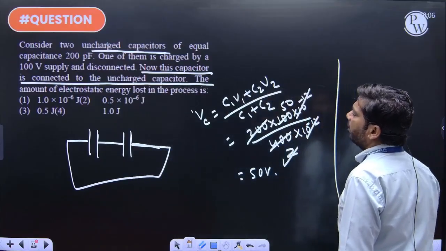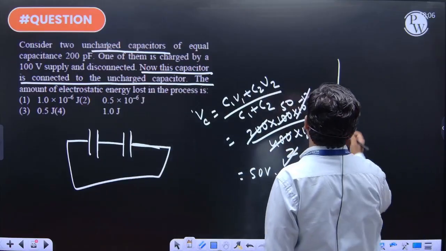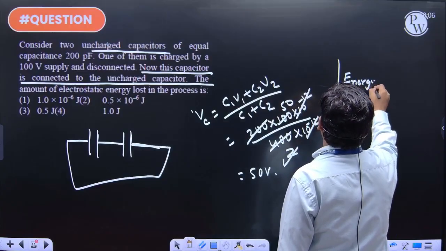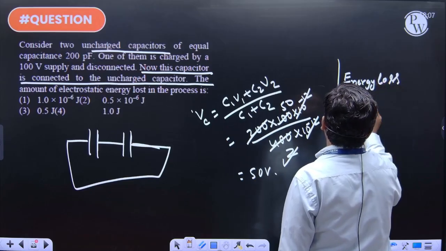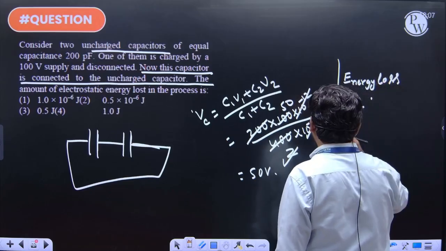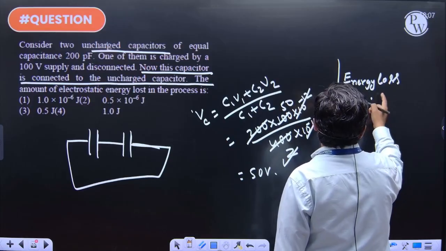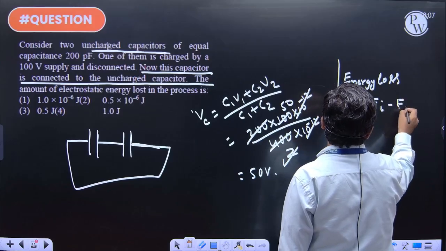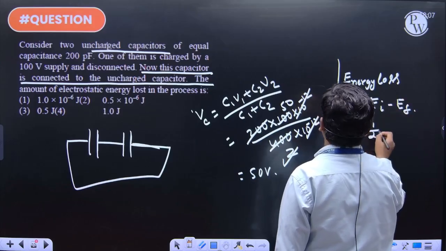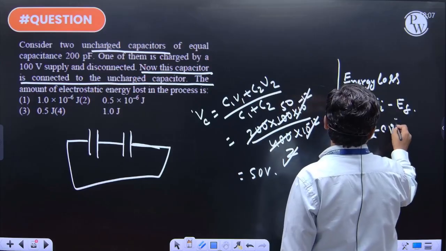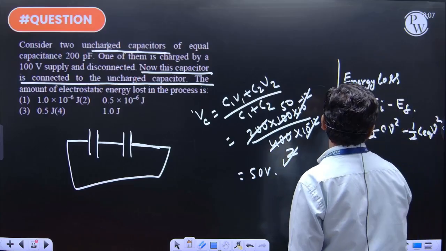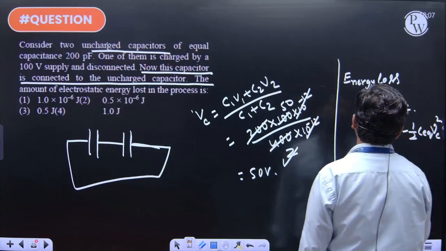What are they asking? Amount of energy lost. You can use the simple formula also. If you remember, what is that formula? So I'm using this one: initial energy minus final energy. So how much is it? Half C V square minus half C equivalent into V common square, right?